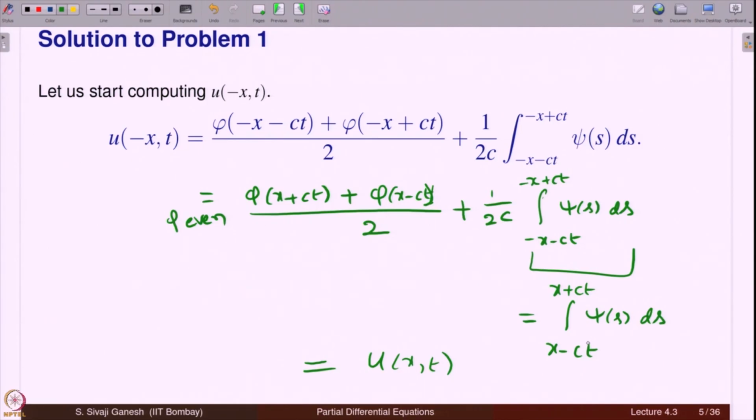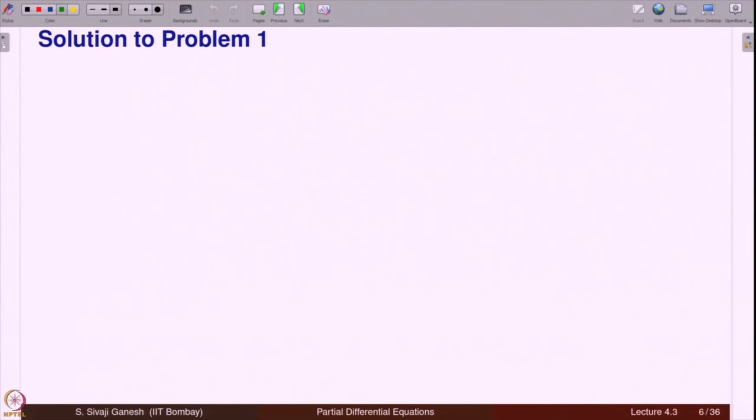So, that naturally suggests a change of variable to be used, because even and odd functions mean some change of variable, x going to minus x, naturally comes into place. Okay, let us do that. So, what we have is the integral from minus x minus ct to minus x plus ct.